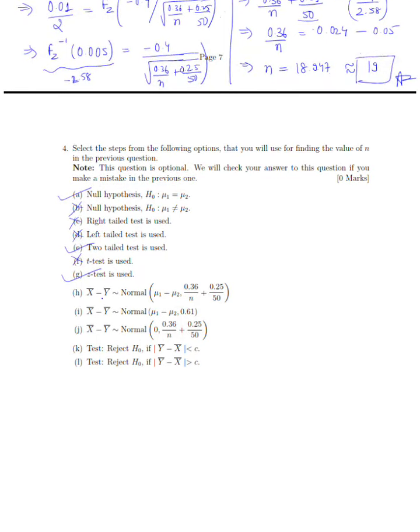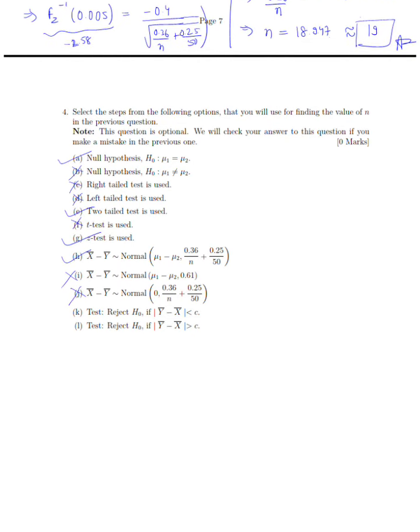Now x bar minus y bar was the test statistic and it was normal with mean mu1 minus mu2 and variance 0.36 by n plus 0.25 divided by 50. This is also wrong. Similarly, this is also wrong. See, this will be correct only if you assume your null hypothesis to be true, right? In this case, it will be correct, but here it is wrong.